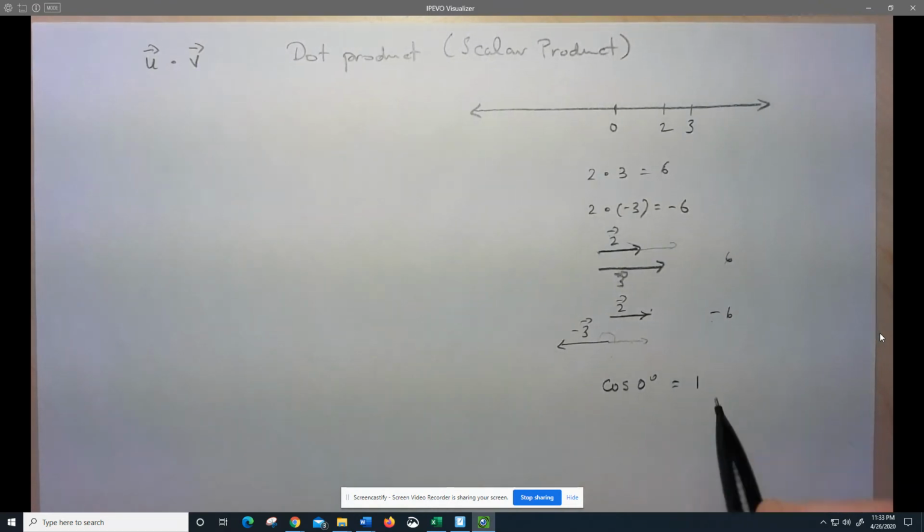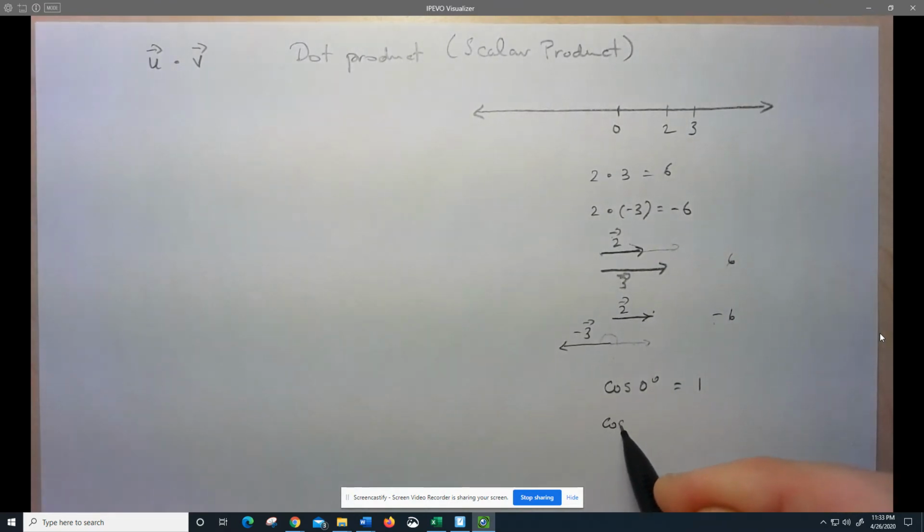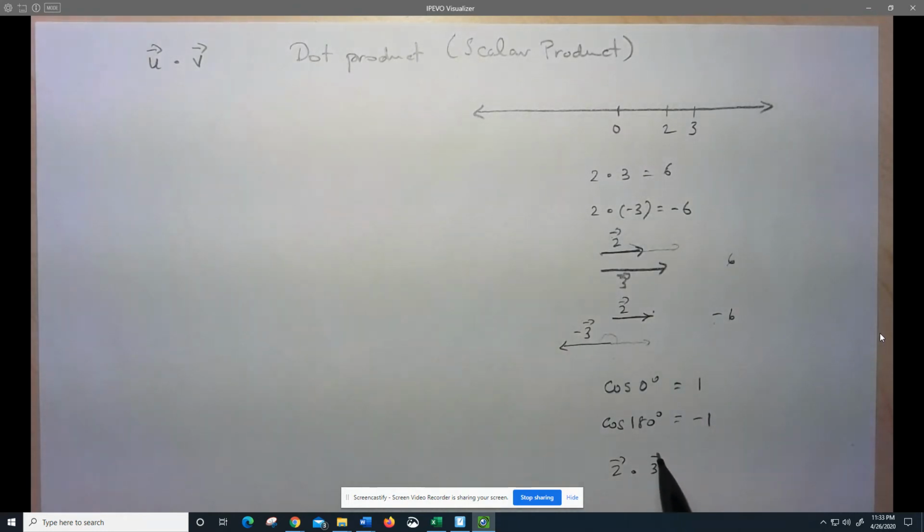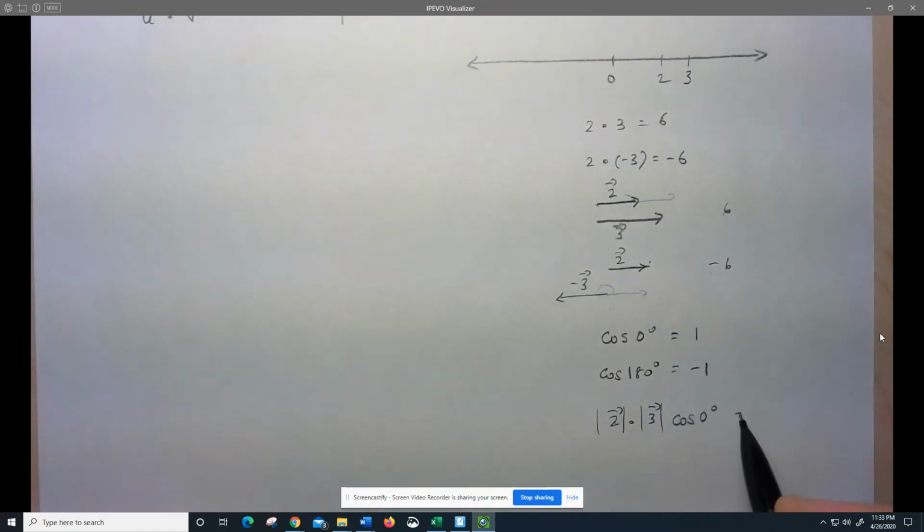You get exactly 1, but when you take cos of 180 degrees, you get exactly negative 1. So if I think of vector 2 times vector 3, I know I needed to get 6, so if I take their magnitudes, I get 6, and if I multiply it by cosine of the angle between them, in other words 0, what do I get? I get 6, just as I expect.